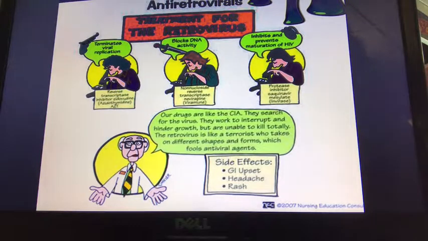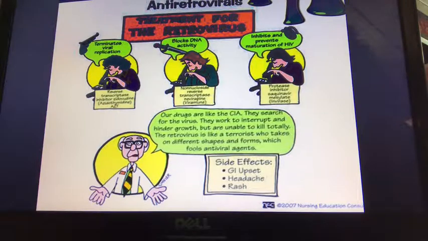The way the antiretrovirals work is they can either terminate viral replication, block DNA activity, or inhibit and prevent maturation of the HIV. And we talked about this when we talked about HIV in general. All of these somehow interrupt that retrovirus activity where it replicates itself and makes something new inside your body.